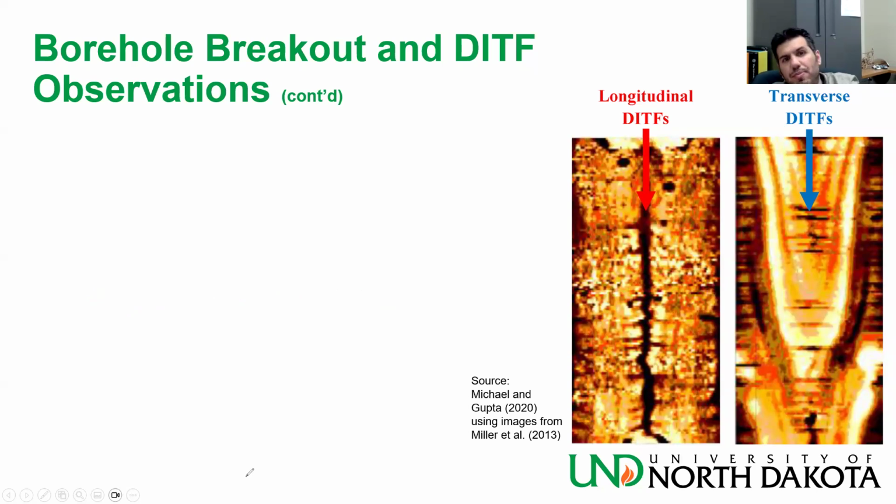This is a section from a vertical well. It's from one of my papers, but it's not my picture. Cameron Miller from SLB gave us permission to use it, because in it you can see transverse very well and you can see the longitudinal very well.